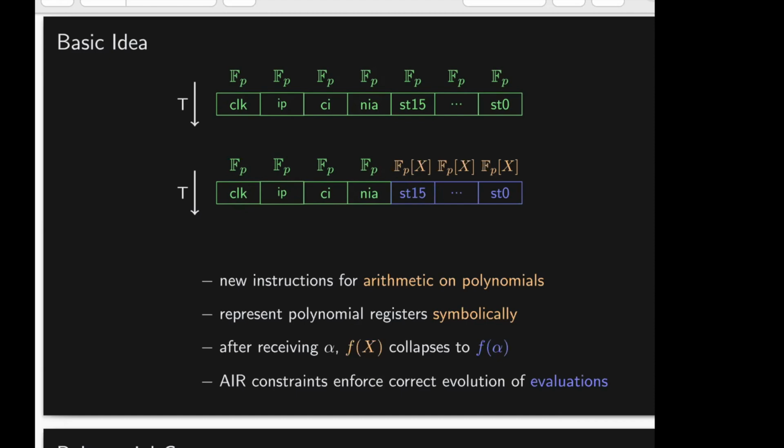But until we get this randomness from the verifier, we represent these polynomials symbolically, and there's no way to compress them. And that's the point, because we want to use a small number of instructions to enforce a very large number of evolutions in a very large vector, for instance.